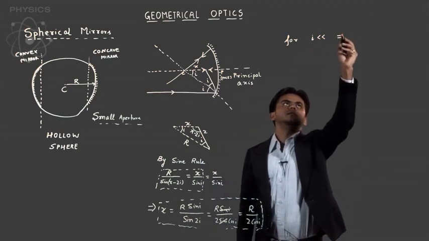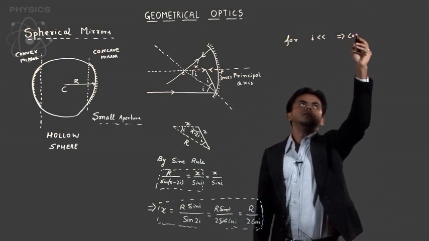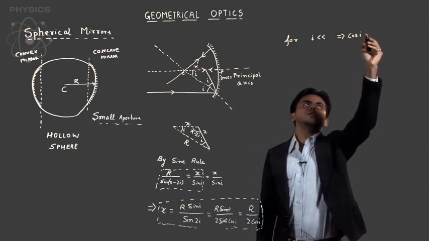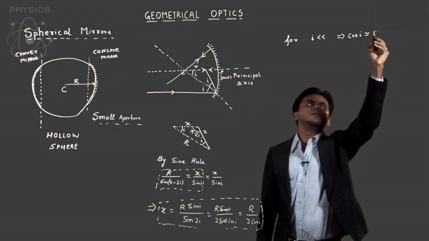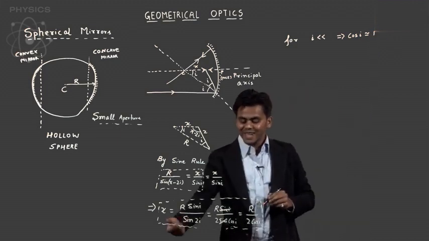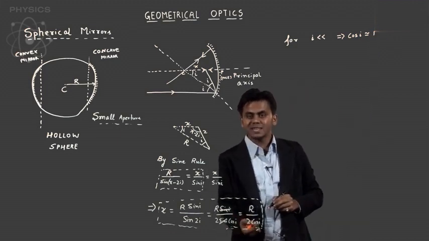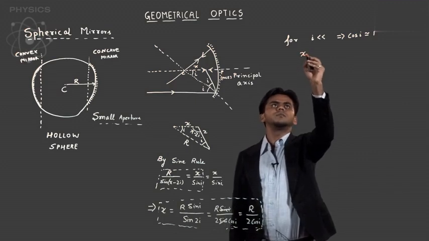I can approximate cos I equal to 1, which means x becomes r by 2, because cos I is 1.